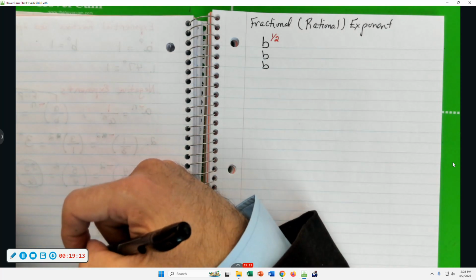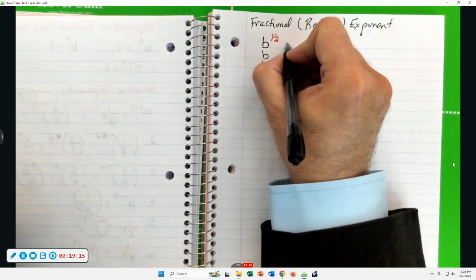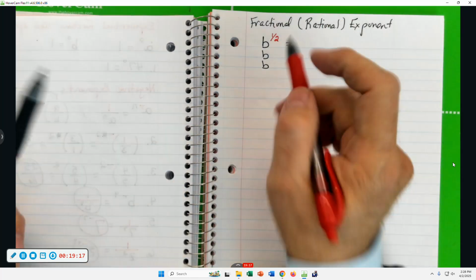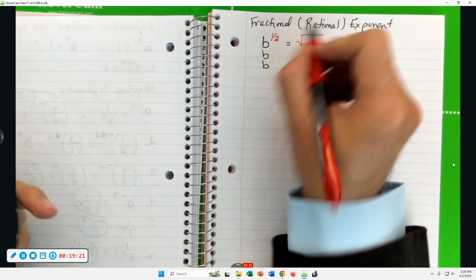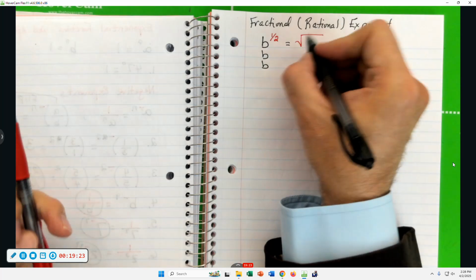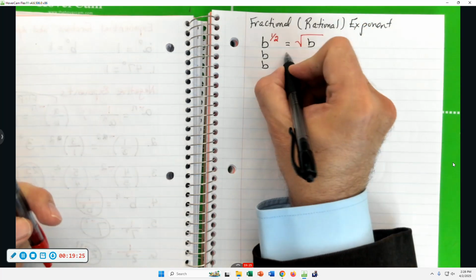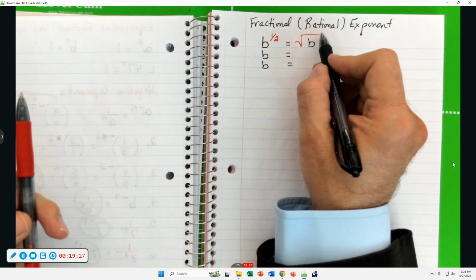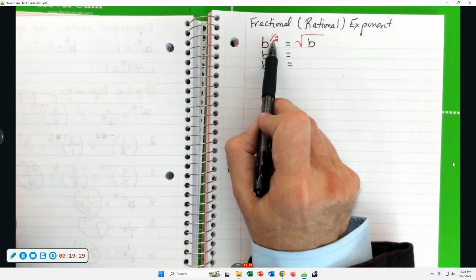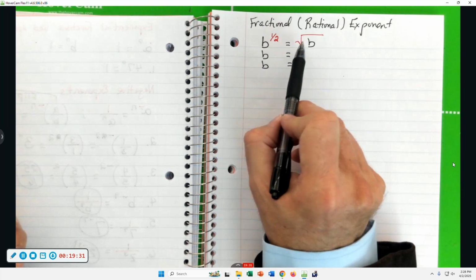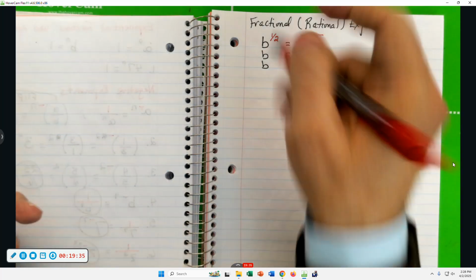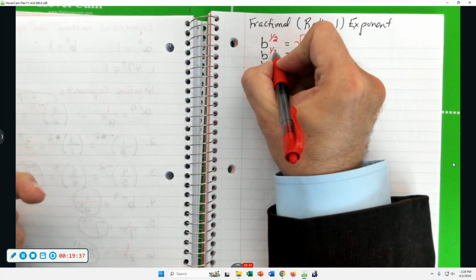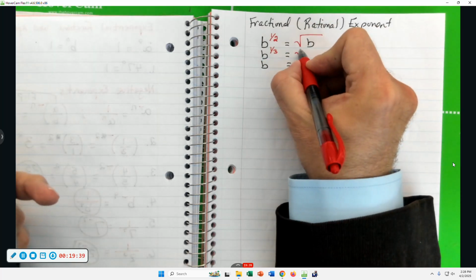We saw, oh gosh, a couple of months ago, almost, that a 1/2 exponent is the same thing as a square root. So b to the 1/2 is the same thing as the square root of b. So this red 1/2 exponent is the same thing as this red square root. A 1/3 exponent is a cube root.